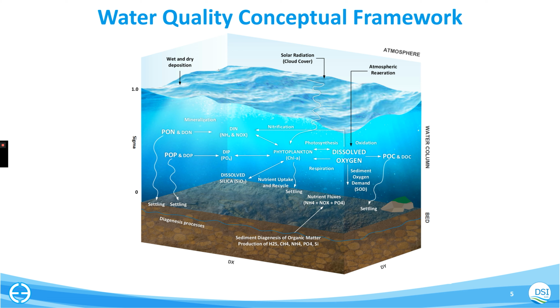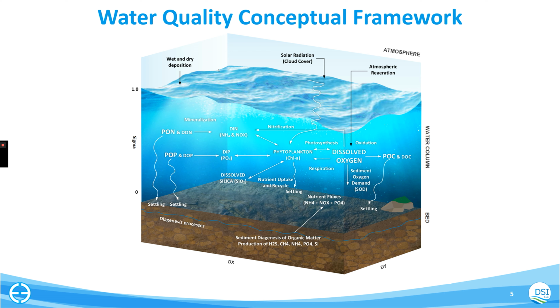documentation: PON, particulate organic nitrogen. Then everywhere you see a P at the beginning of an acronym, it's particulate. So that's particulate organic phosphorus, particulate organic nitrogen, and particulate organic carbon.